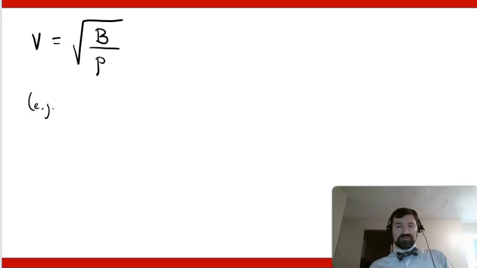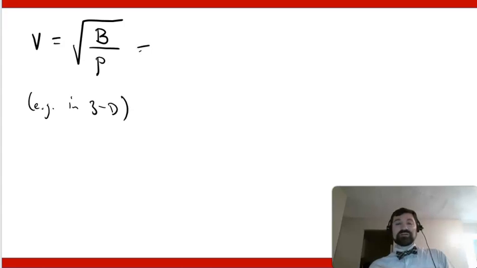So in a three-dimensional wave, we replace the Young's modulus with the bulk modulus of elasticity. So V is equal to the square root of the bulk modulus divided by the density. And this is in 3 dimensions.